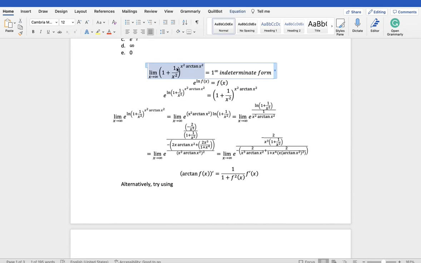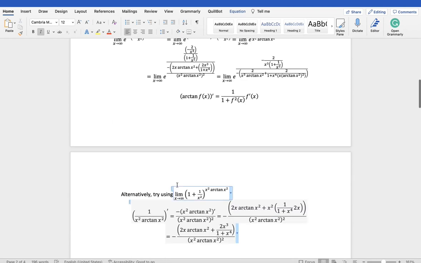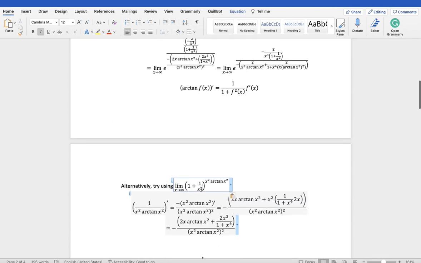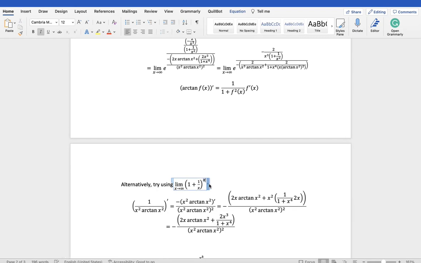Let me just write it down here. Try using the expression that tells you when you have the limit as x tends to infinity of 1 plus 1 over x, multiplied by, sorry, to the exponent of x, that is equal to e, right?